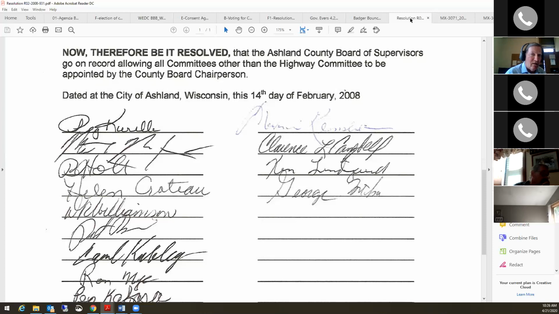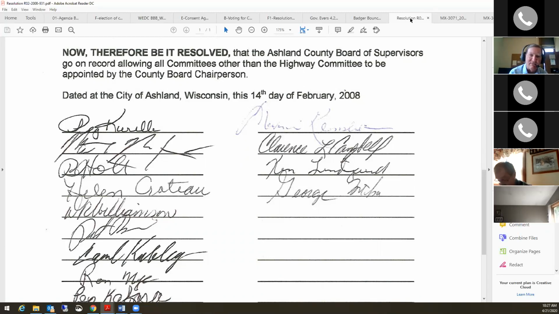Okay. All right. So if the board wanted to move the extension and forestry to an appointment by the chair, they could vote on that and pass a resolution, and then we would just draft it up and have the chair sign it after the fact. Yes. Okay.